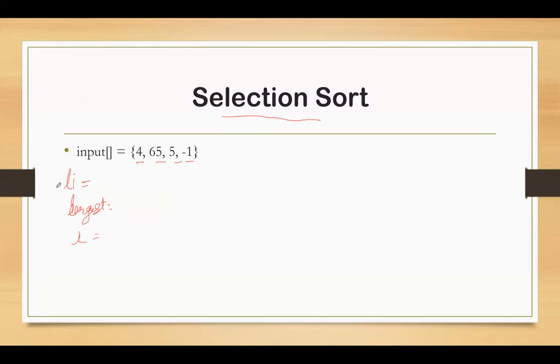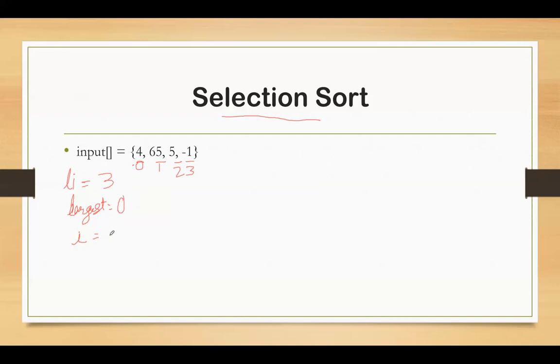So how will we do it? Firstly, since it is an unsorted array in the beginning, its last index will be 0, 1, 2, 3. So lastIndex is 3. The largest, as we said, in the beginning we'll consider the 0th element of the array to be the largest, so its value will be 0.